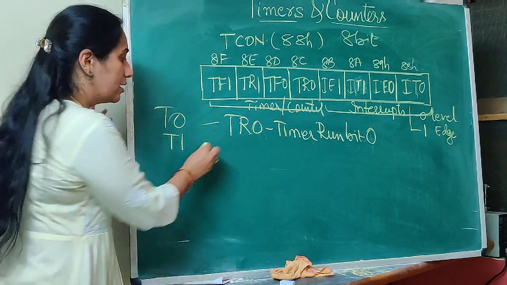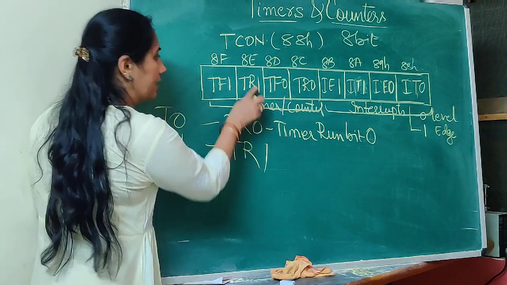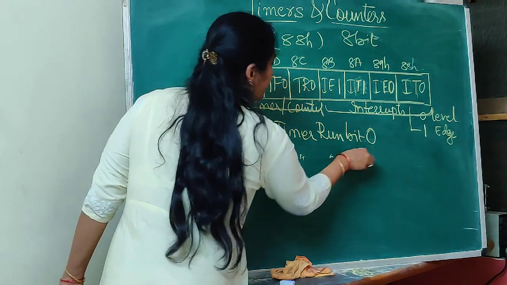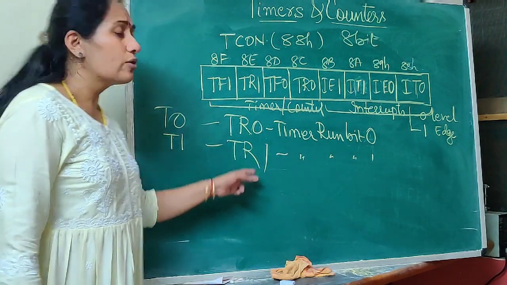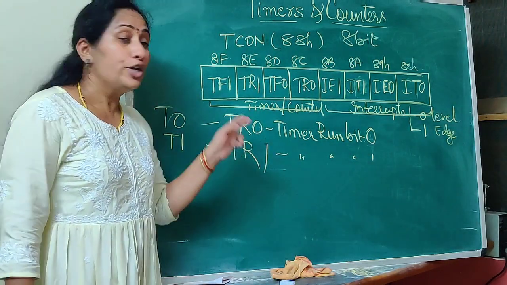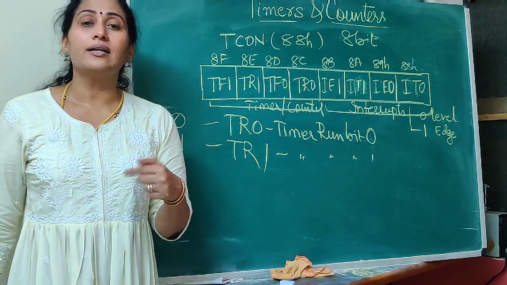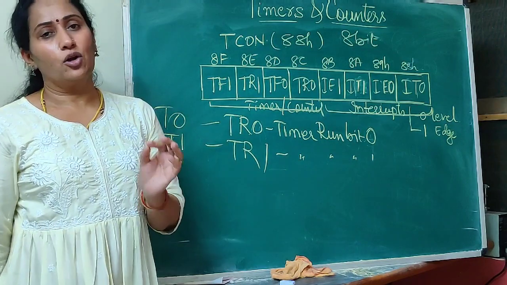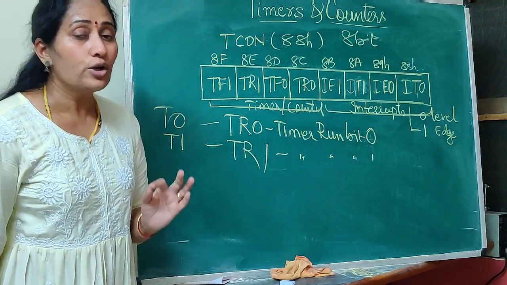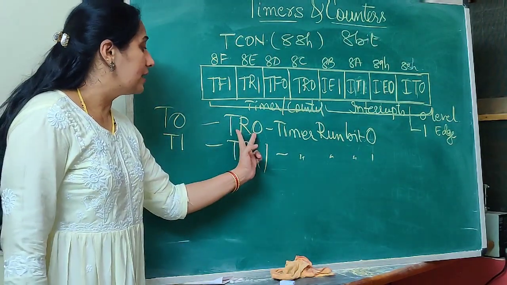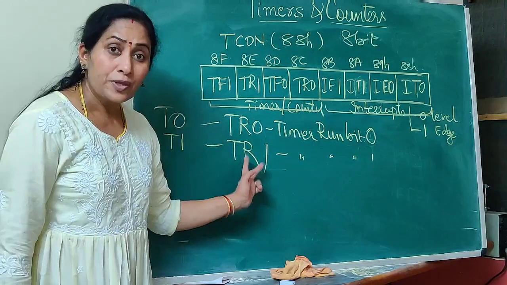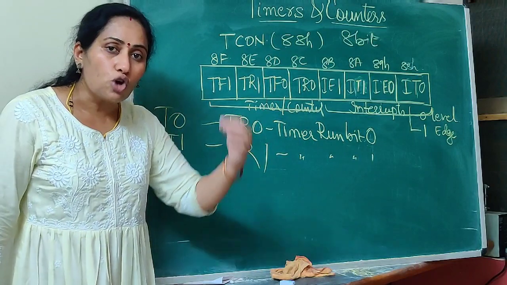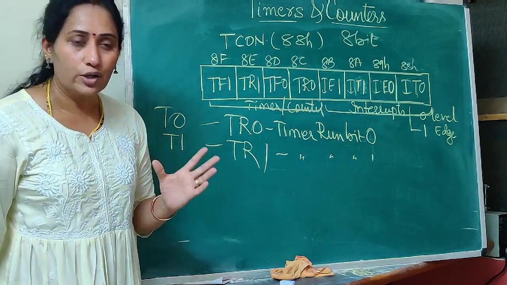For timer 1, you have TR1. This is also timer run bit 1. What are these going to be used for? These are used to start the timer or the counter operation, or to stop it.